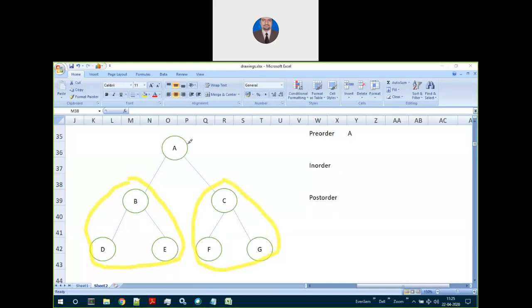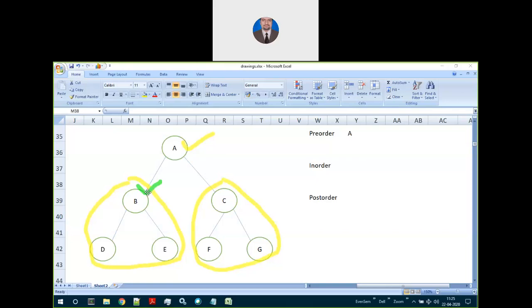When I have started with A, since it is pre-order, I visit A. After I visit A, the next is its left child, which is B. Since it is pre-order, I have to visit the root, so I have to visit B now. A, then B.